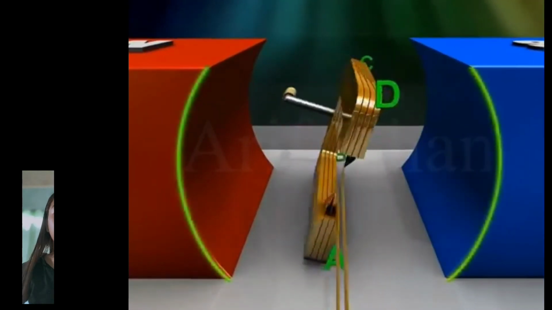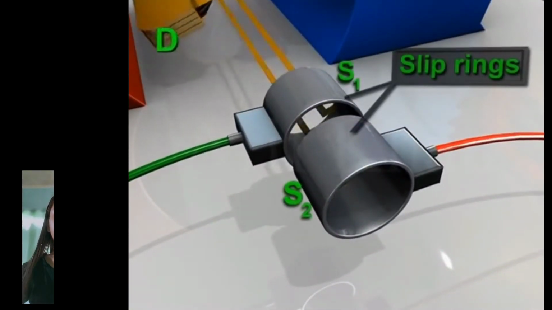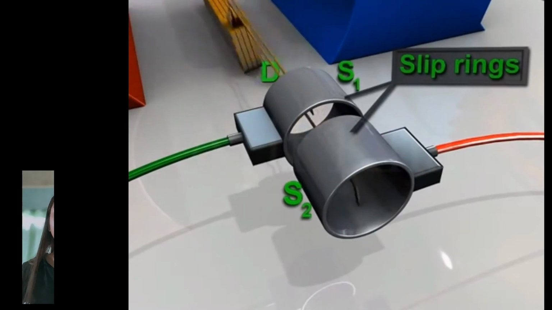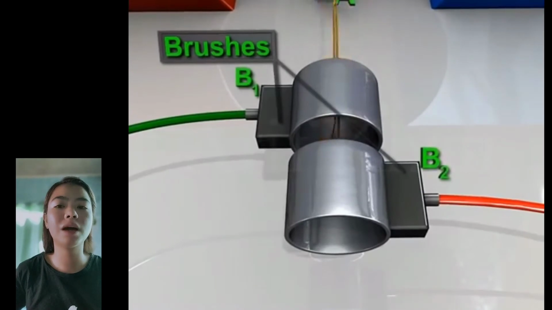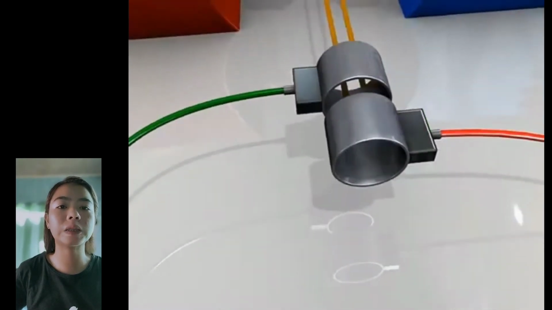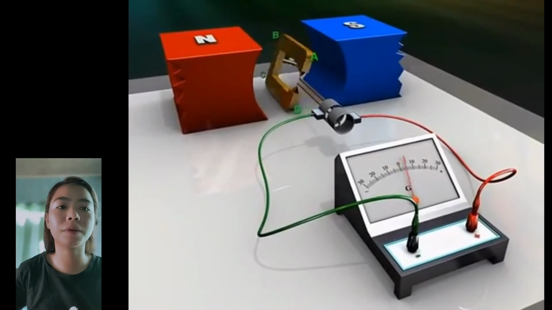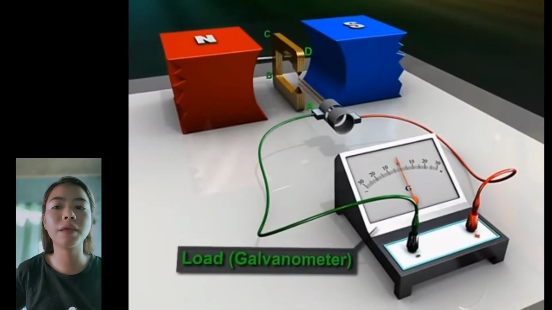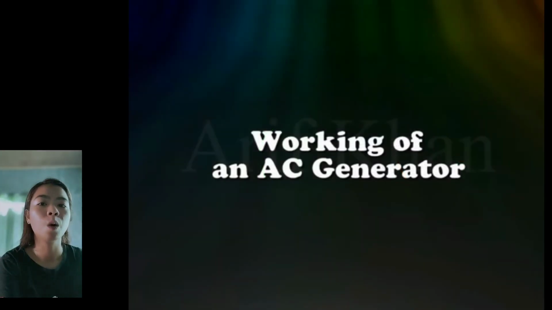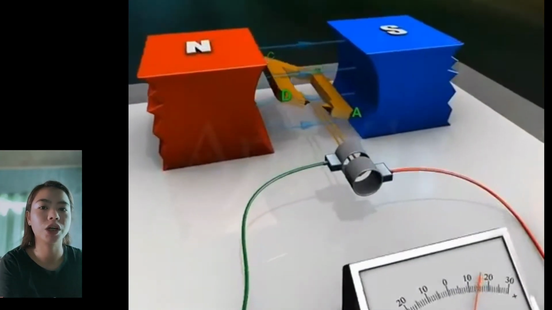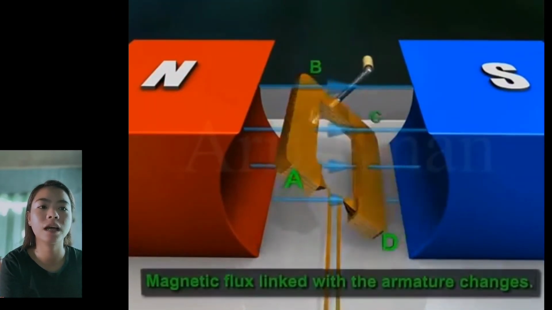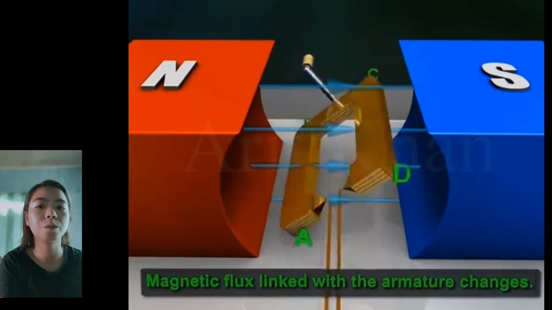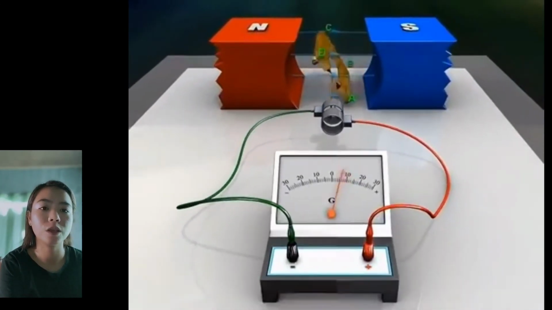There are two slip rings, S1 and S2. Ito ay nakakonekta sa armature and rotate with it. Two brushes, B1 and B2. Sila ay nagpo-provide ng electrical contact sa slip rings and load, which may be a galvanometer na ipinapakita sa video. Working of AC generator. Kapag yung armature nag-rotate sa pagitan ng field magnet, the magnetic flux linked with the armature changes continuously.